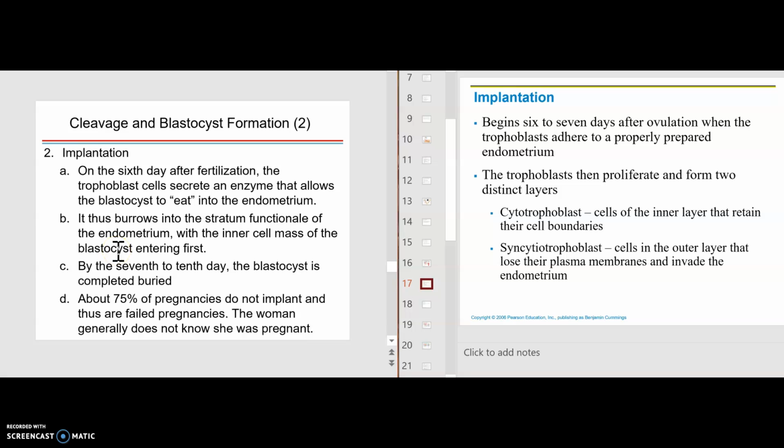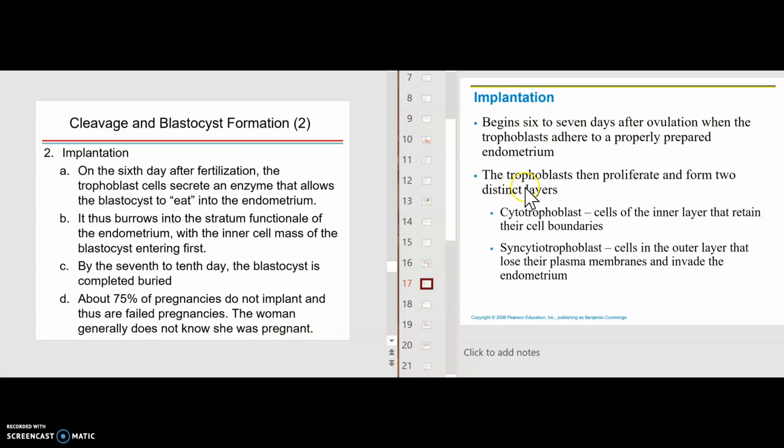That means it's facing more the wall of the uterus. Okay. By the 7th to 10th day, the blastocyst is completely buried. Okay. And about 75% of pregnancies do not implant and thus fail. The woman generally does not even know she was pregnant.